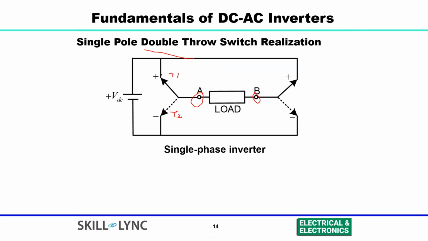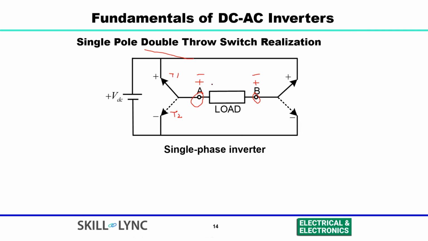When it is connected to positive, plus VDC is applied at point A. When it is connected to T2, minus voltage will be across here. Similarly, for pole B, when you connect it to this point, we get positive VDC, and when you connect it to this point, you get negative VDC.